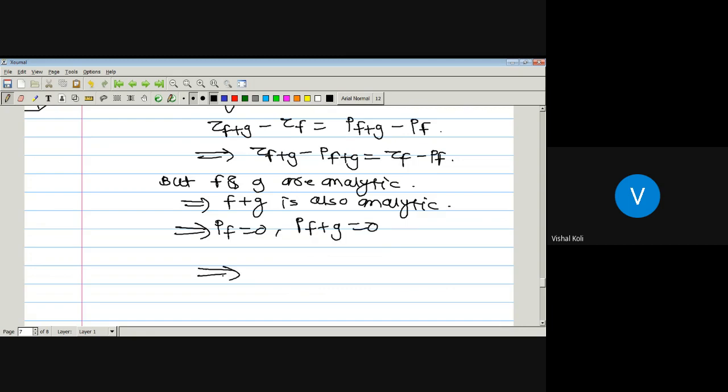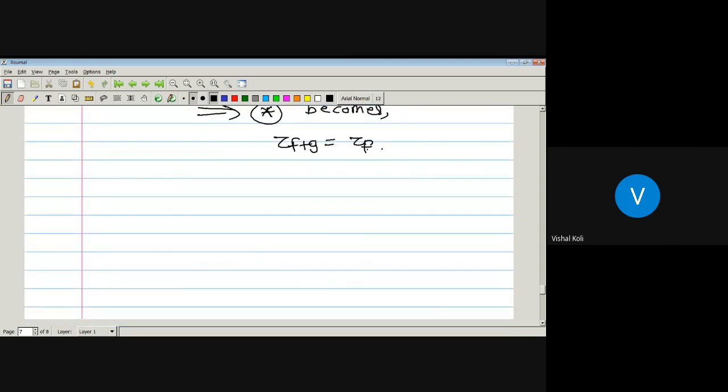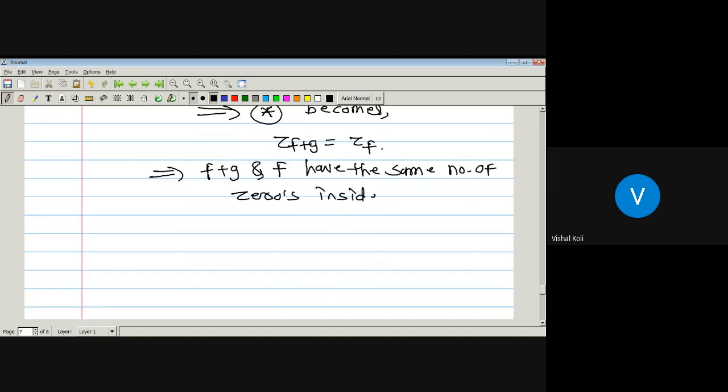So this star becomes Z_{f+g} is equal to Z_f, where Z_{f+g} is nothing but the number of zeros of the function f plus g inside the curve gamma, and Z_f is nothing but the number of zeros of the function f inside the curve gamma, which implies f plus g and the function f have the same number of zeros inside curve gamma.